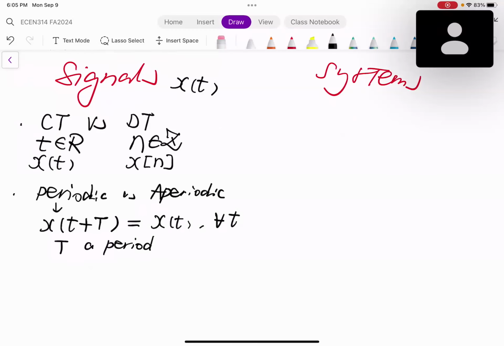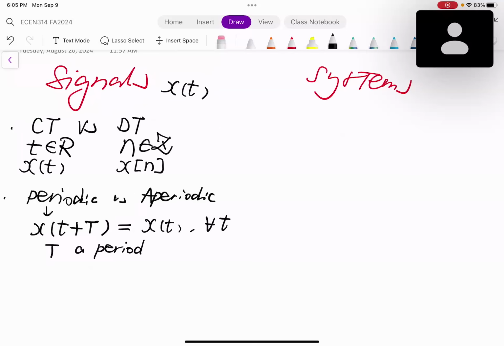In the case of discrete time, we use a different notation, and we use x of n plus capital N, right? So it's very similar, and then in this case, it's x of n. So this has to occur for any n. So N is a period, okay?